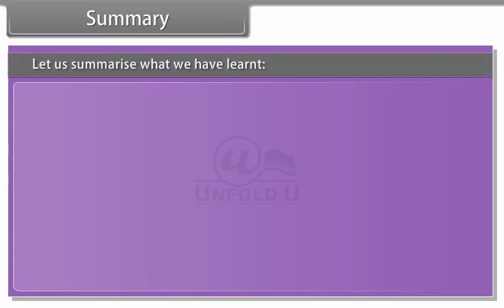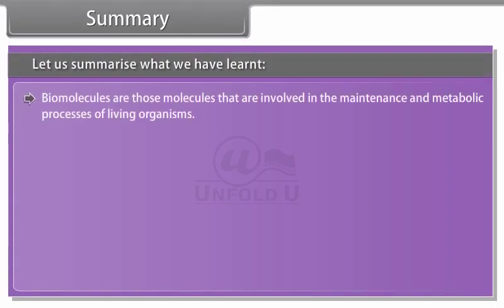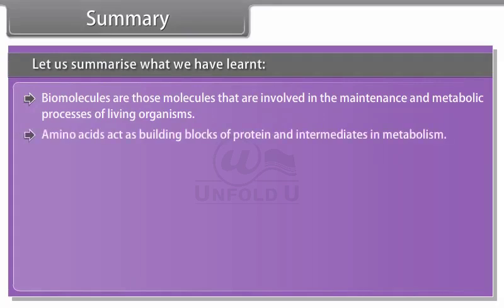Summary. Let us summarize what we have learned. Biomolecules are those molecules that are involved in the maintenance and metabolic processes of living organisms. Amino acids act as building blocks of protein and intermediates in metabolism.